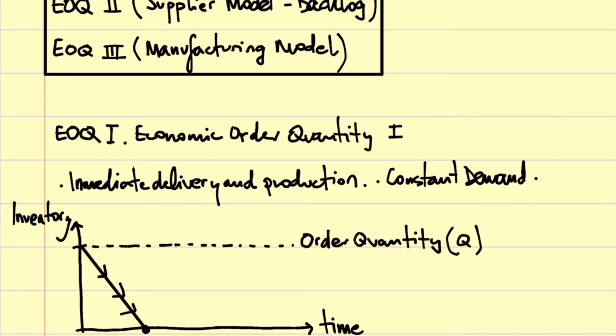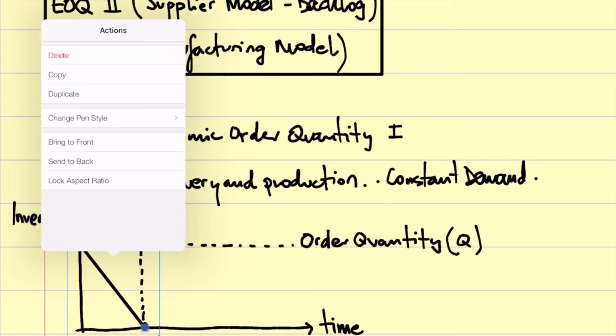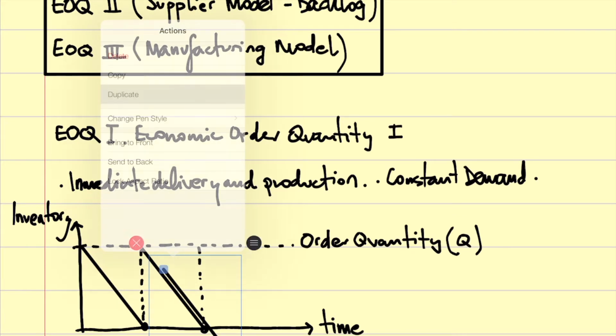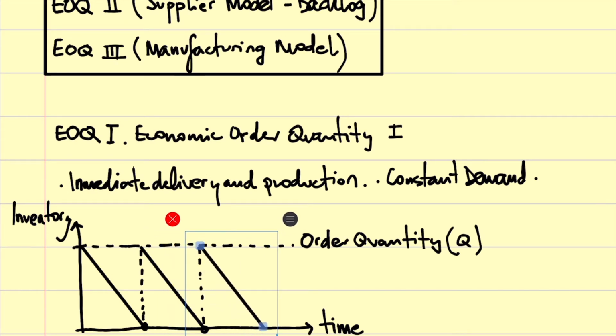Because immediate delivery and immediate production is possible, at T1, when we hit 0 inventory, we have again Q level of inventory, and so on and so forth. This is the model.